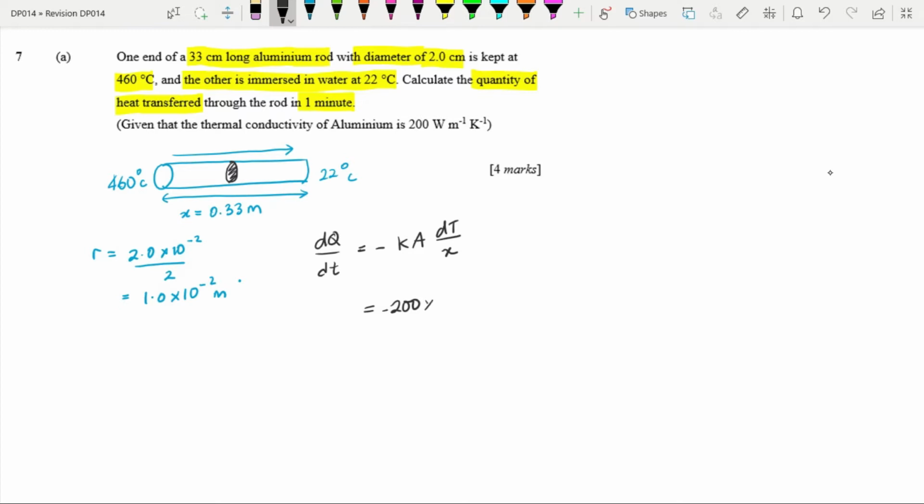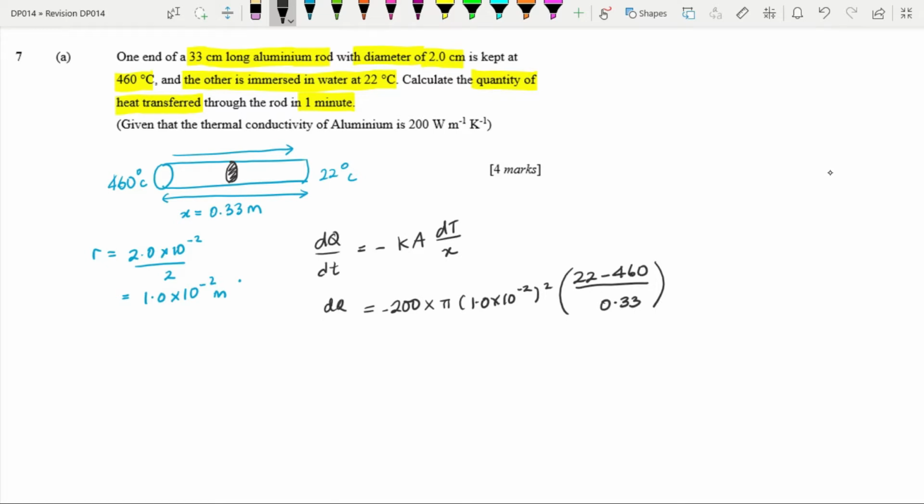So times pi times radius kita adalah 1.0 times 10 to the power of negative 2. Don't forget to square, and then change in temperature is low temperature minus high temperature over the length of the rod. So nak convert pergi Kelvin pun boleh, tak nak convert pun boleh sebab kita hanya cari beza sahaja.